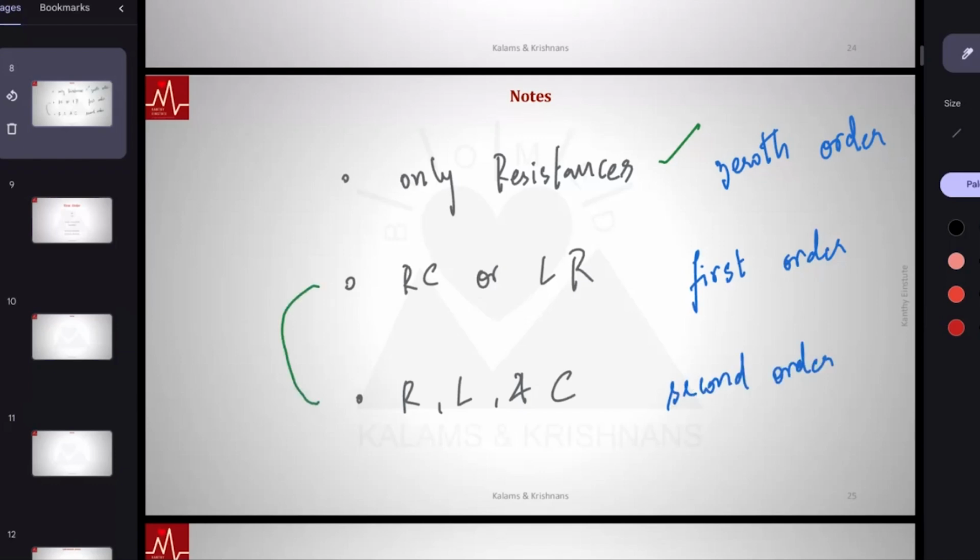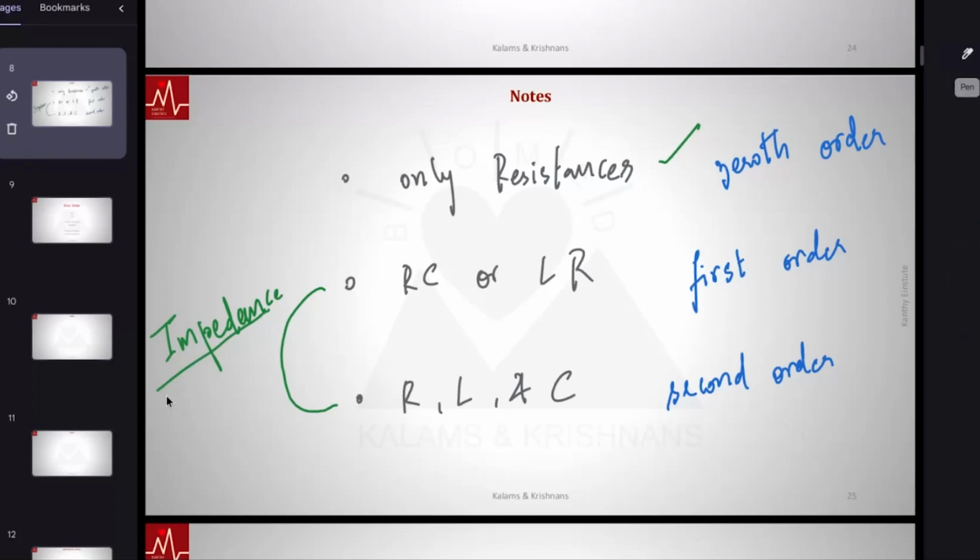For these, if you understand impedance, it was there in the short playlist that I gave you a couple of weeks back. If you follow that playlist, the one major trick here is impedance.